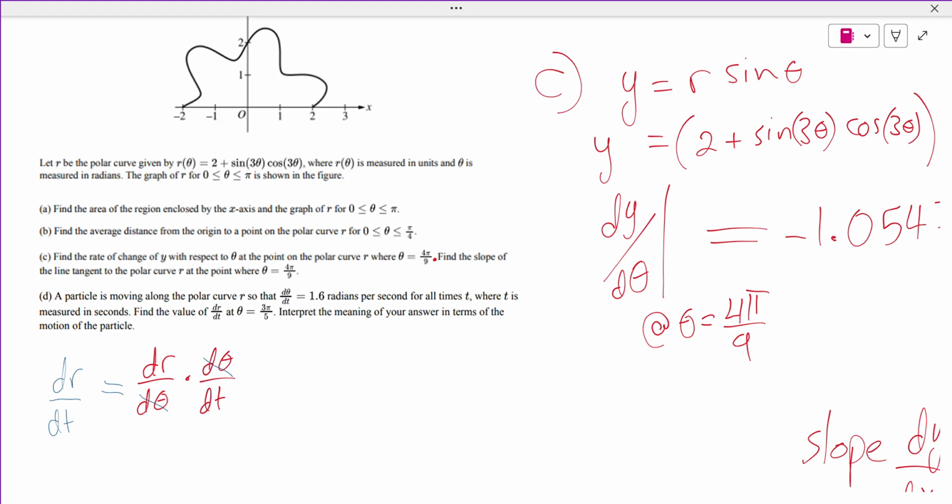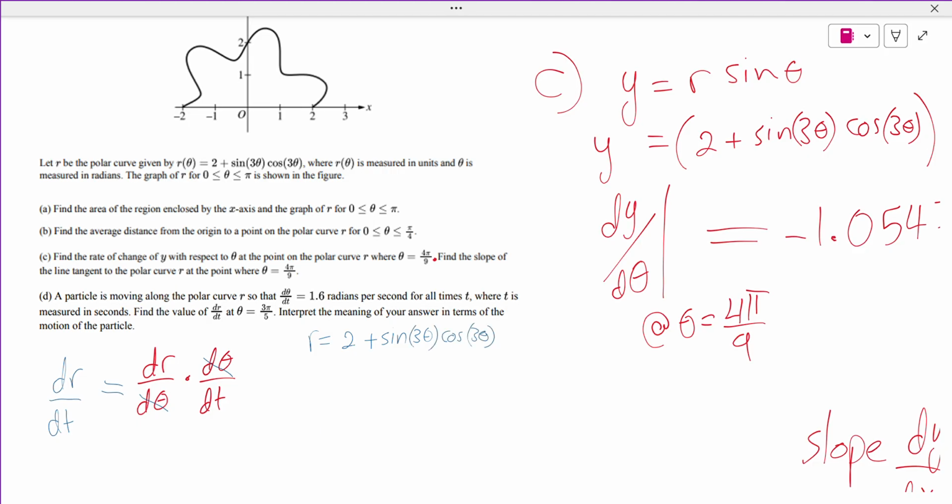So we need to find dr over d theta. We have r equals 2 plus sine of 3 theta cos of 3 theta.